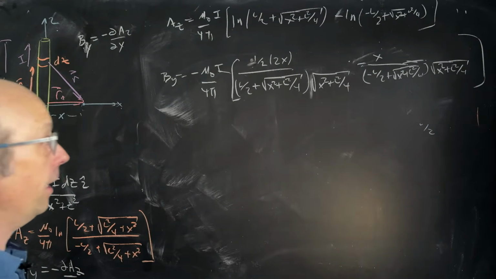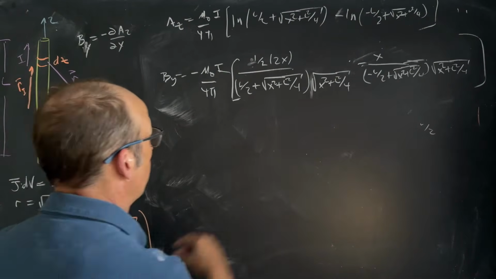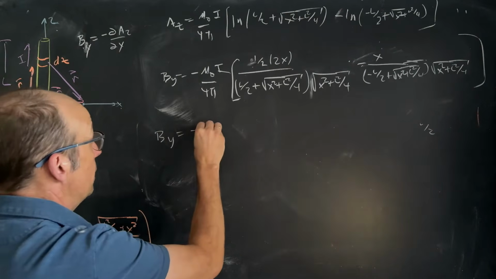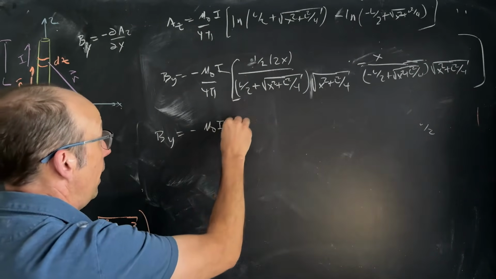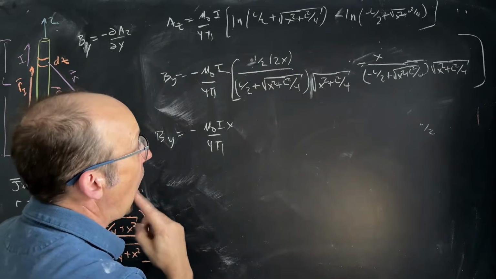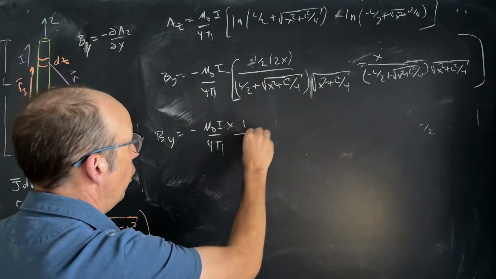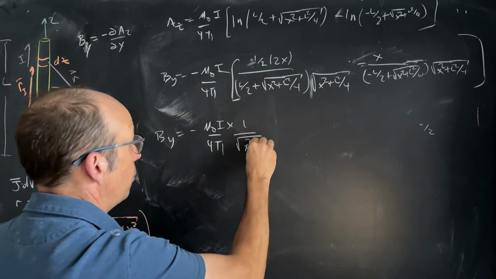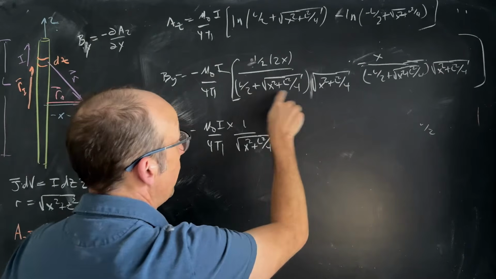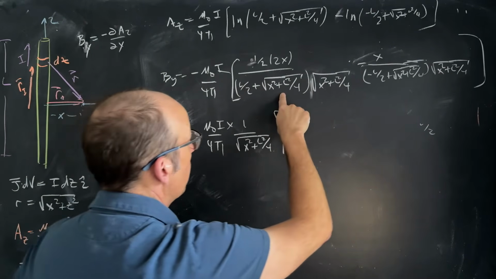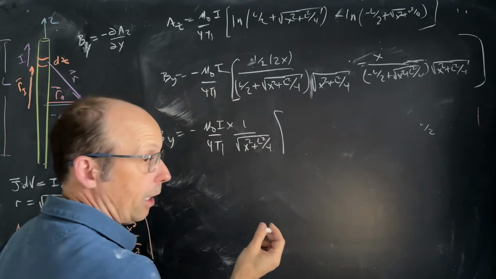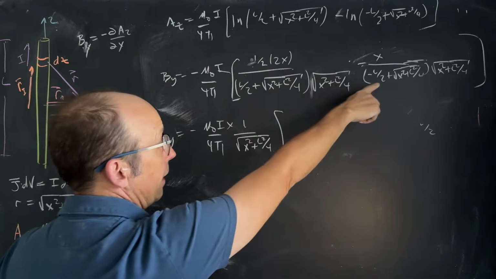I can factor out that x. I can also factor out this term, and I'm not sure that I want to do that, but I'm going to do it anyway. So By is negative mu naught I x over 4 pi, times 1 over the square root of x squared plus L squared over 4, times... Now right here, I have an L over 2 plus that, and then minus L over 2 plus that. I want to get a common denominator. So I'm going to multiply this by that and that by this.